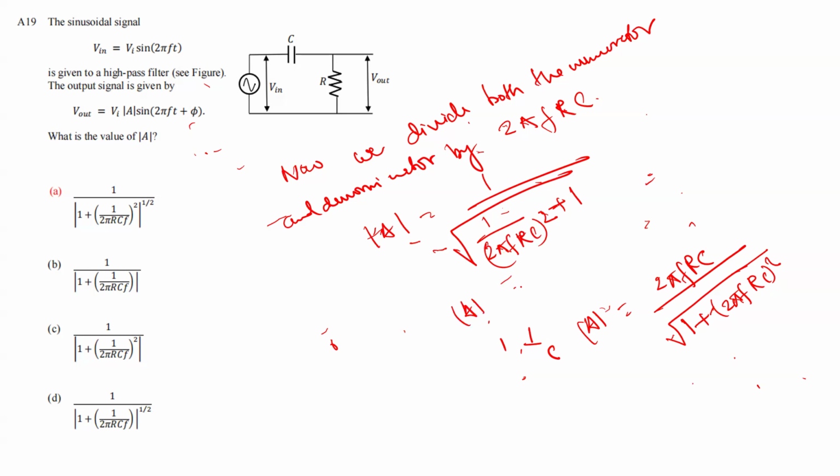We can take 1 by the square root of 1 plus 1 by 2 pi f RC whole square. Right, so this matches option A. So here option A of the given problem is correct.